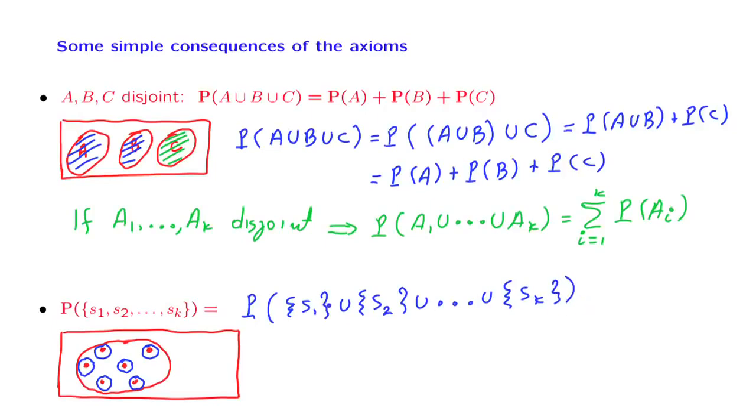We're assuming, of course, that these elements are all different from each other. So in that case, these single element sets are all disjoint. So using the additivity property for a union of k disjoint sets, we can write this as the sum of the probabilities of the different single element sets.